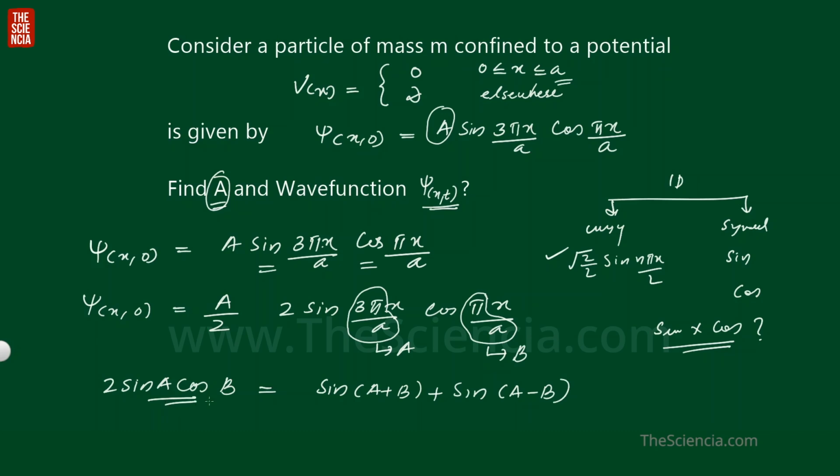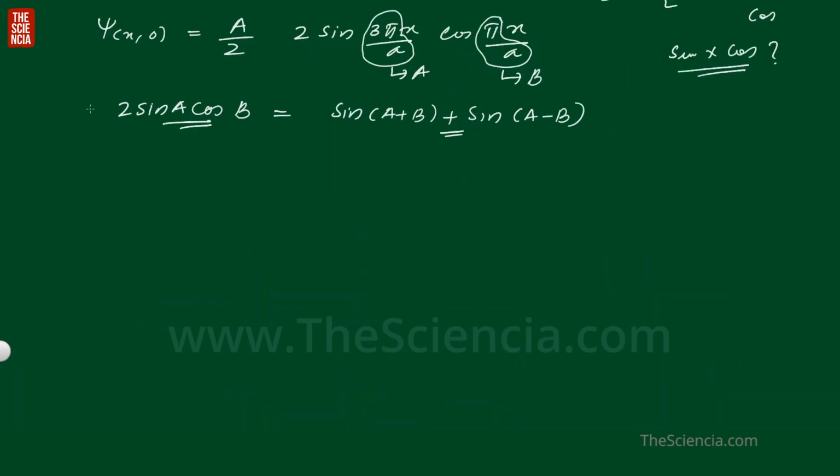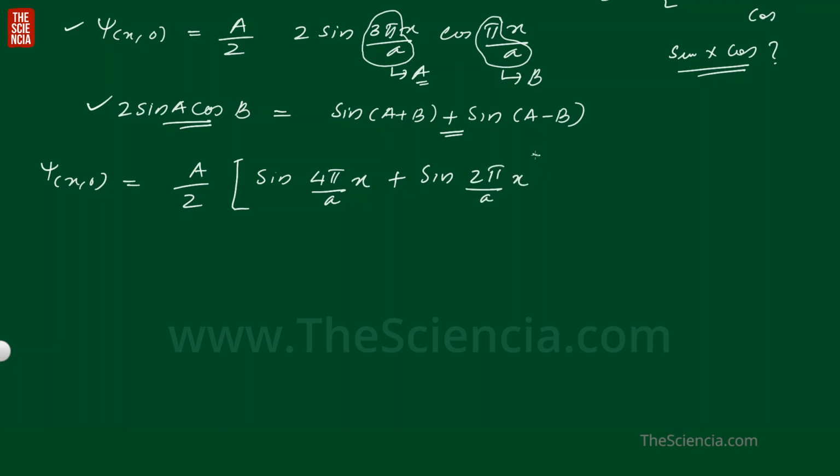Now the product term is converted to an addition of two terms, that is two independent wave functions. Okay, so by using this equation we can rewrite psi of x0 is equal to a by 2 into sine a plus b. So here a is 3 pi by a and b is pi by a. So we get sine 4 pi by a x plus sine a minus b, that is 3 pi by a minus pi by a, that is 2 pi by a into x.